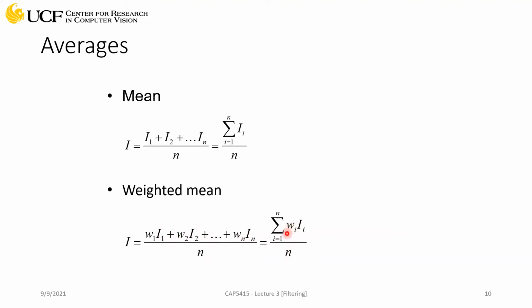And if you think about putting a derivative mask over an image, then essentially you are computing this weighted mean, because you are doing element-wise multiplication, and then you are dividing it by the normalizing factor. So that's very much related.